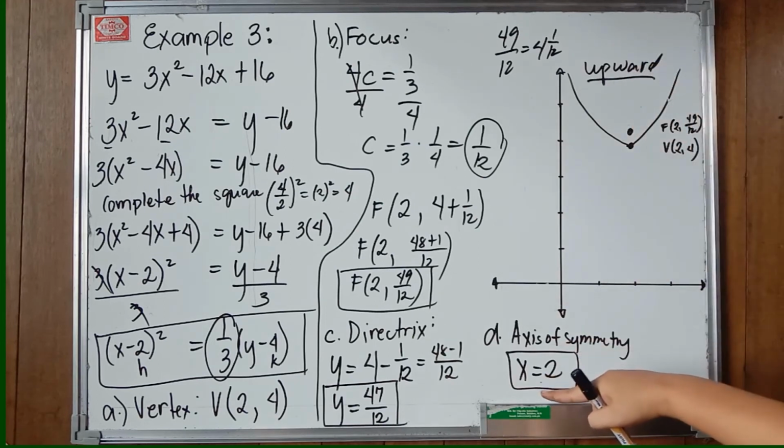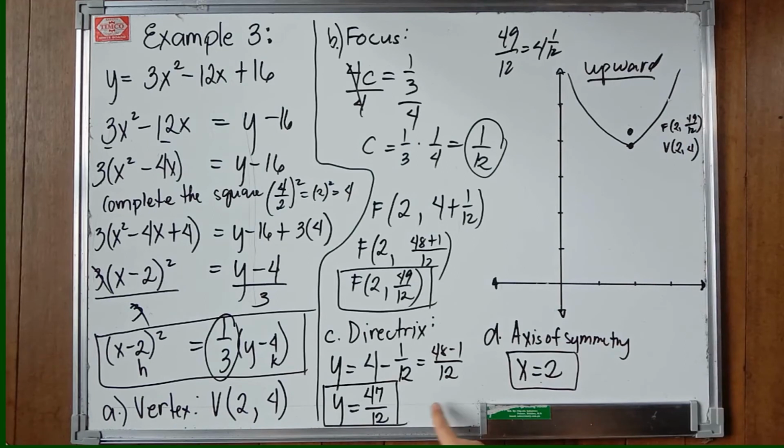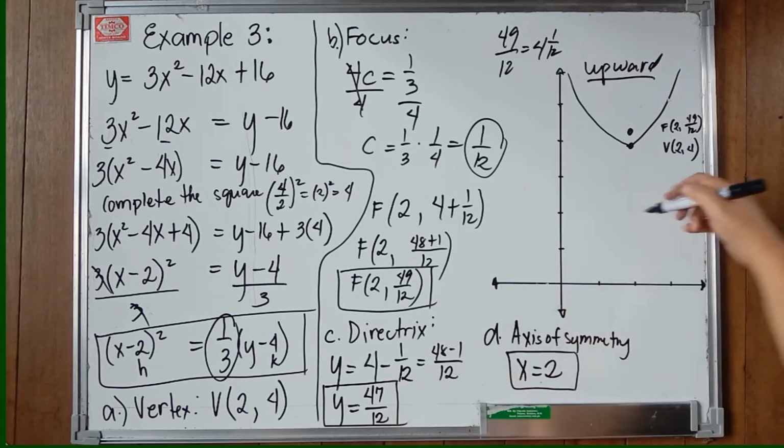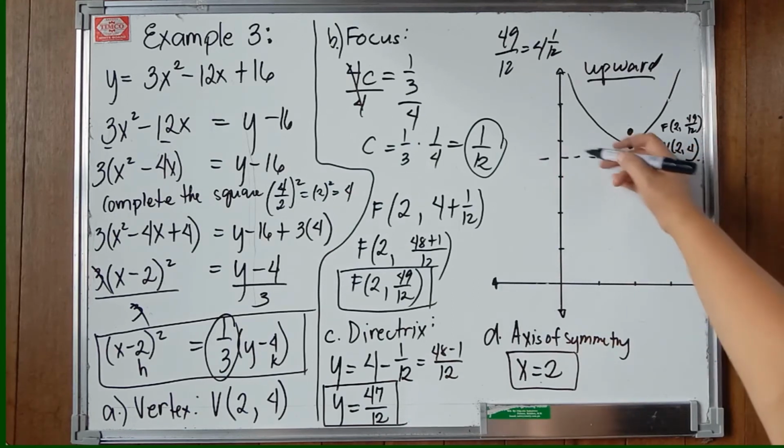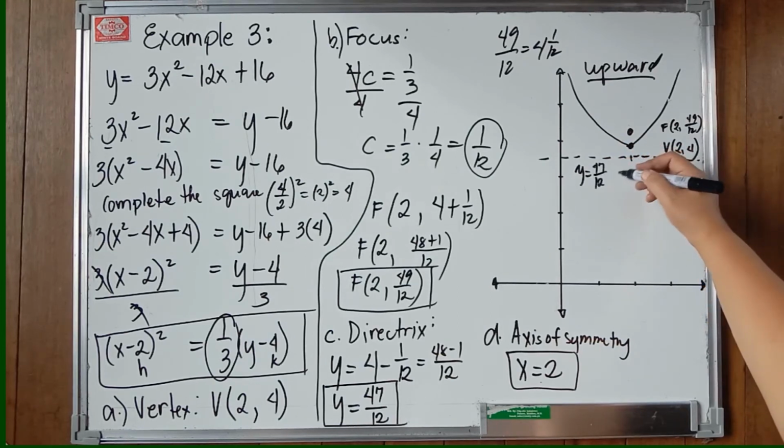For our directrix, we have y is equal to 47 over 12. So that is our directrix: y is equal to 47 over 12.